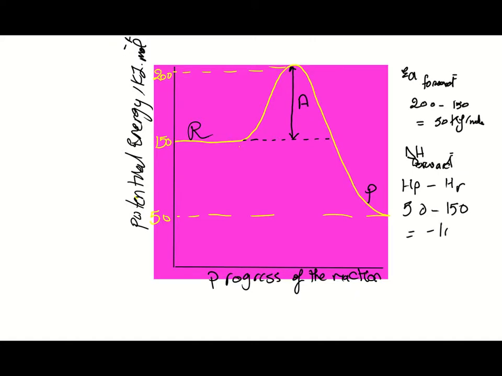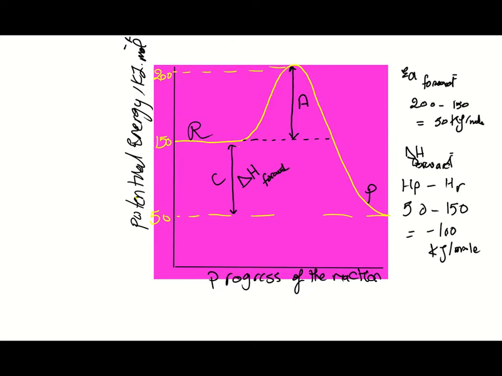So the overall change will be minus 100 kilojoule per mole. This is for the forward reaction. So this area, which I will call B or C, represents the enthalpy of the forward reaction.